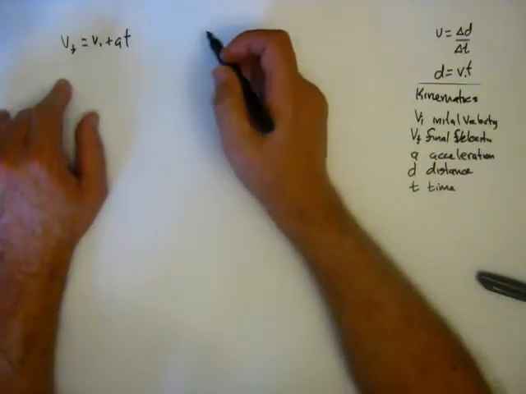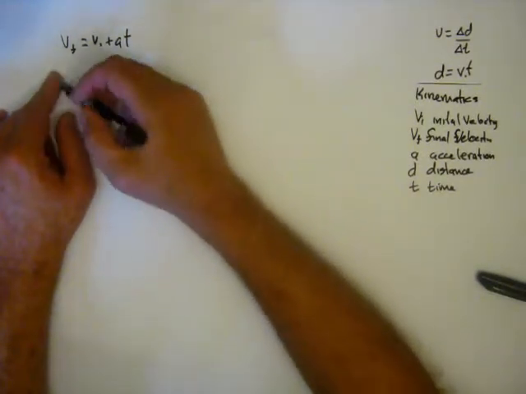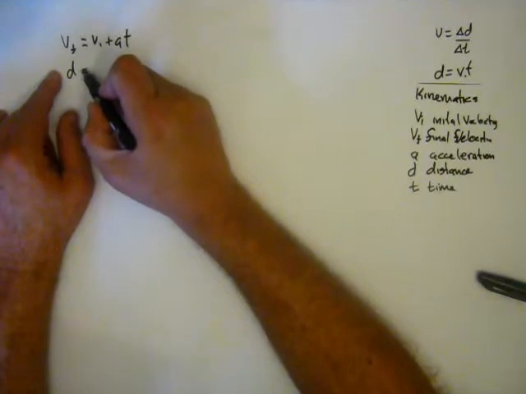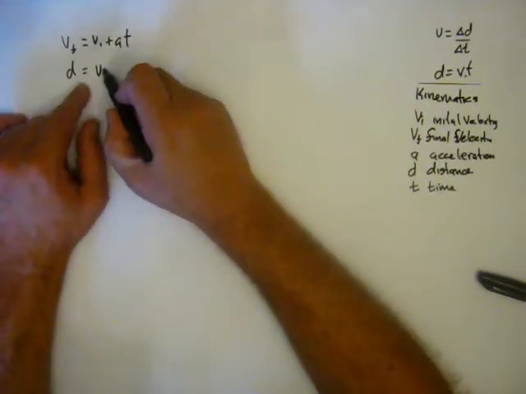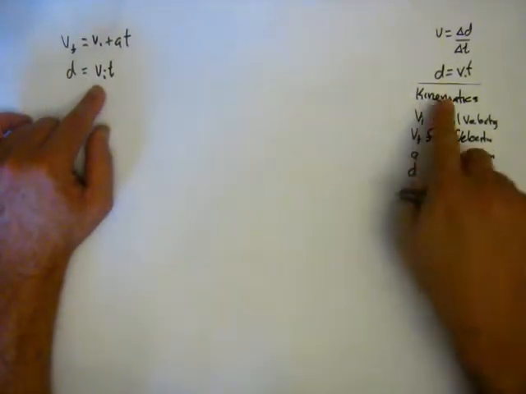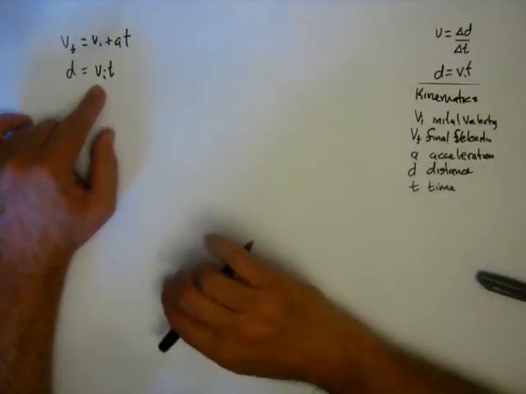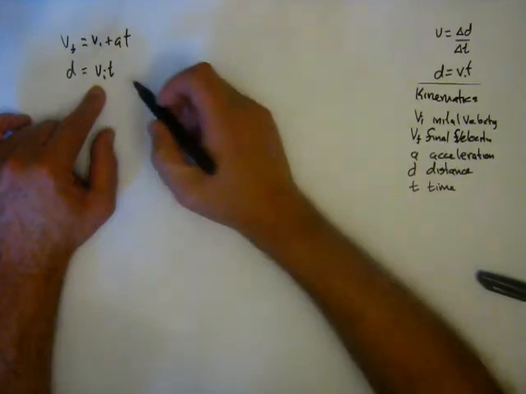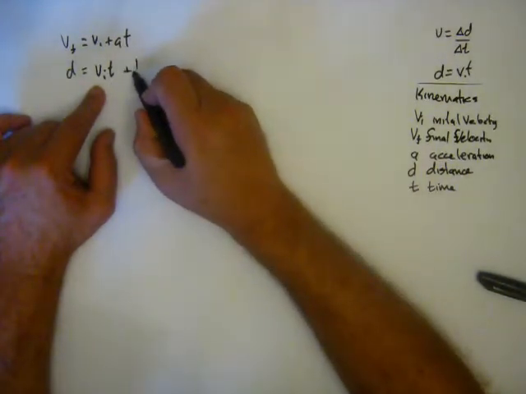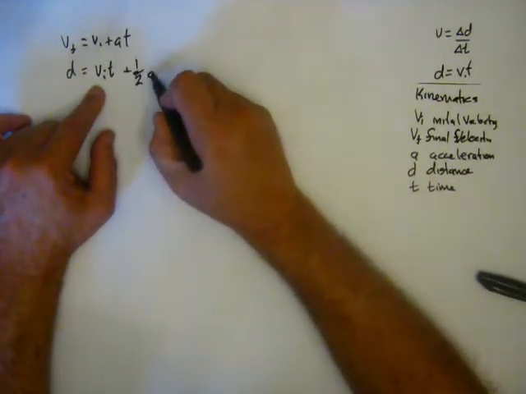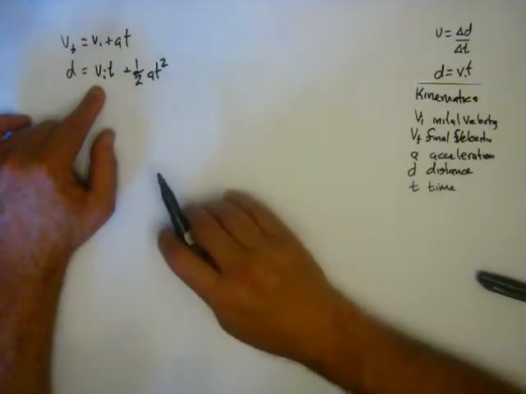So what else have we got? We've got d equals vit. Notice this is basically the earlier equation, but we now have to add on a term for the acceleration: plus half at squared.